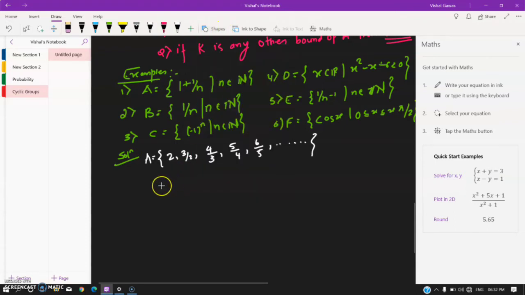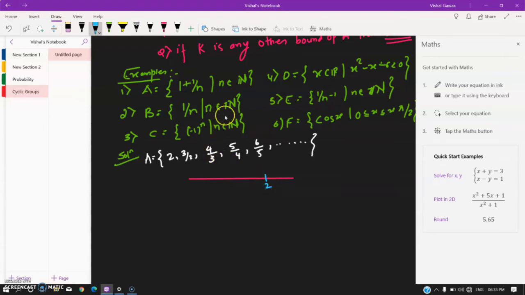So if I draw this, our intuition would help us to tell what exactly would happen. What I'm trying to find is whether or not I would have a bound. So if I draw a line, then let's start with 2 here.